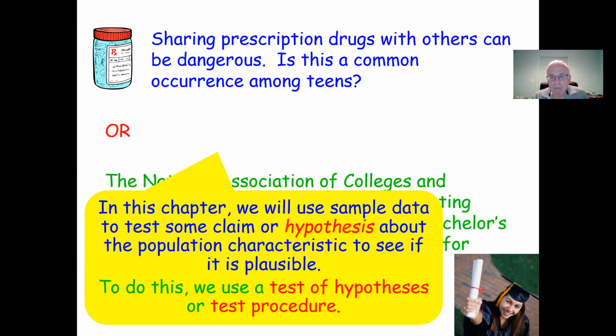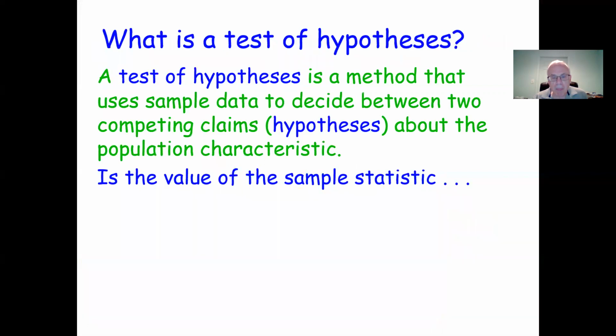So in chapter 9, we estimated an unknown population parameter by using a confidence interval. Here, we're actually going to be testing a claim. Somebody's going to make a claim, assign a value to the population parameter. We're going to see if it makes sense or not. So that's the whole point of doing a hypothesis test.